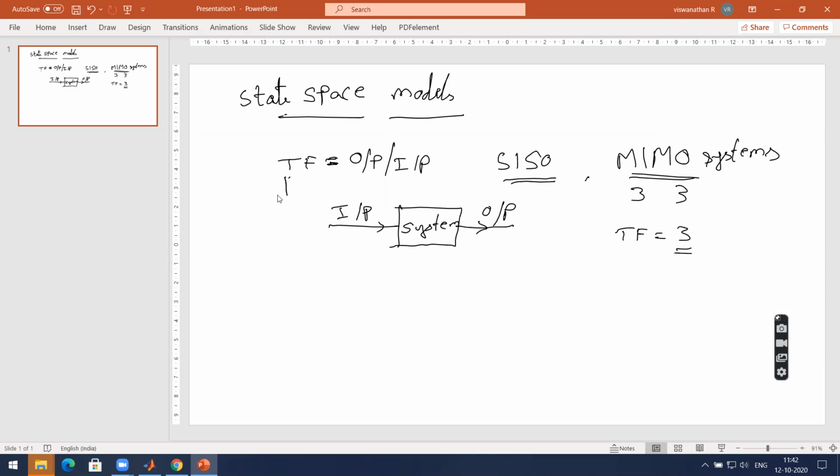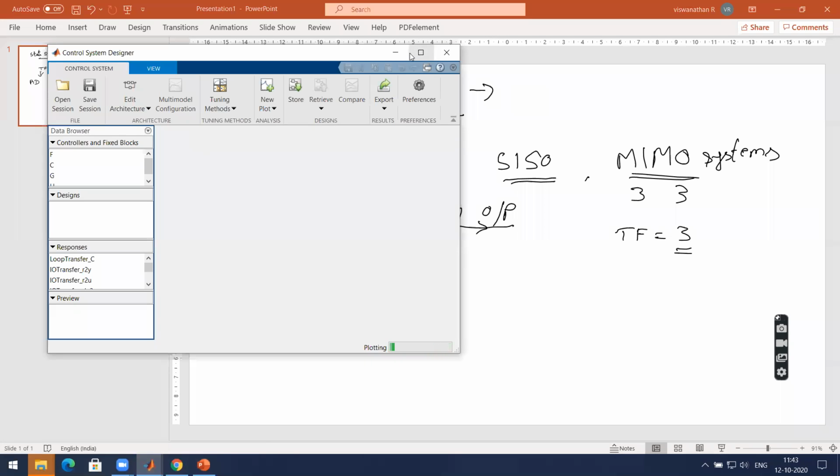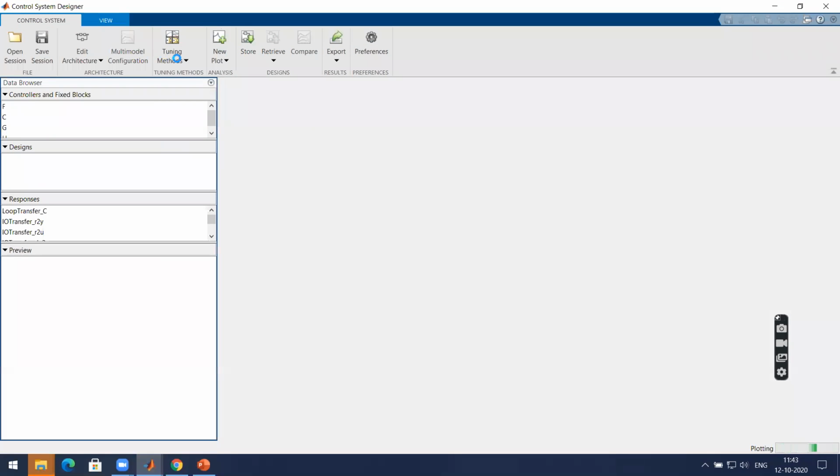By the time it opens, the advantage of state space models is that the transfer function was being used for PID controllers, but state space models are mainly used for other control systems. PID is a type of controller. Similar to that, there are other control systems which you can see here, like model predictive control.